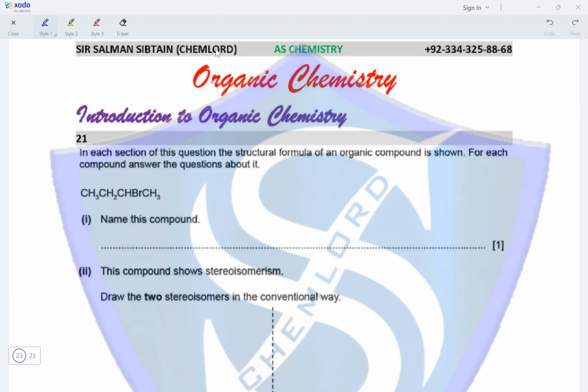The carbon atom to which the bromine atom is attached is a chiral carbon, so this is capable of showing optical isomerism. Name this compound. The name of this compound is 2-bromobutane.